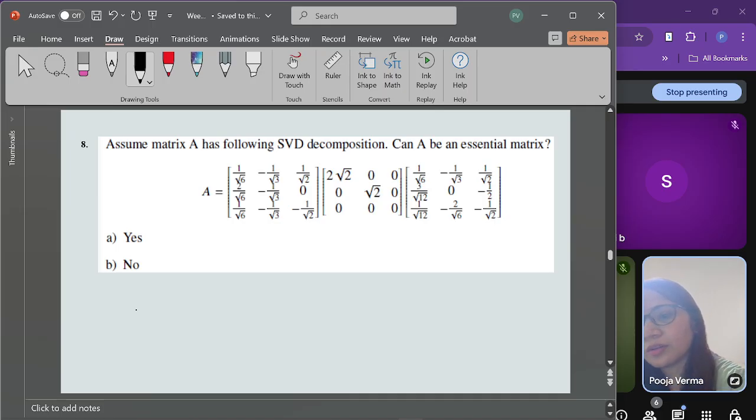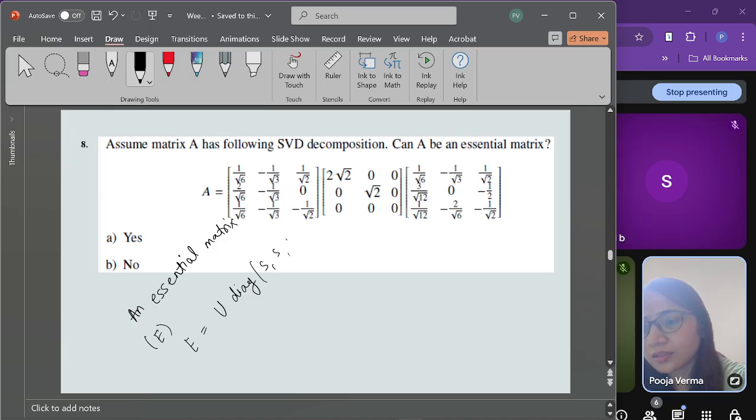As we know, an essential matrix, let's say E, has some properties, right? So the essential matrix E has the property that E equals U times diagonal of S, S, 0 times V transpose.